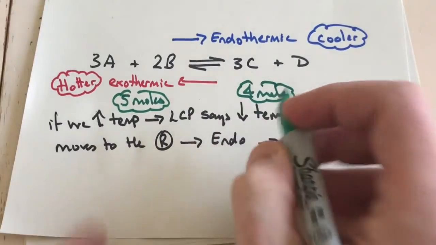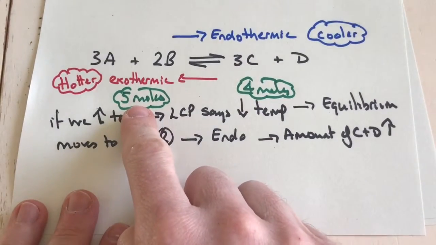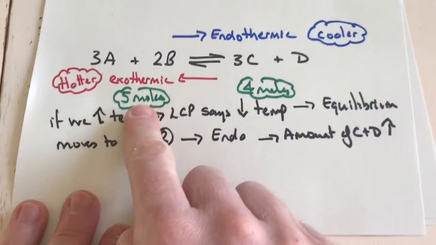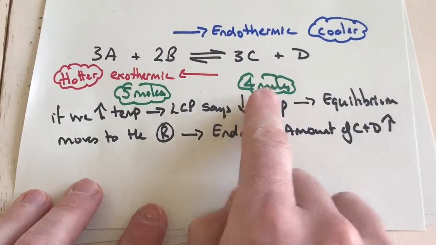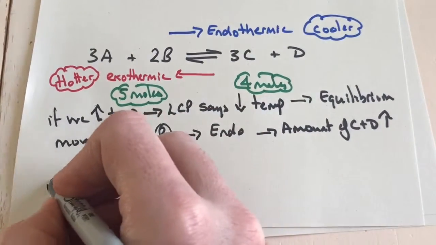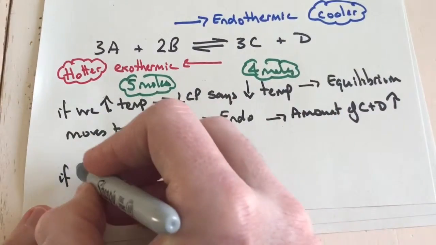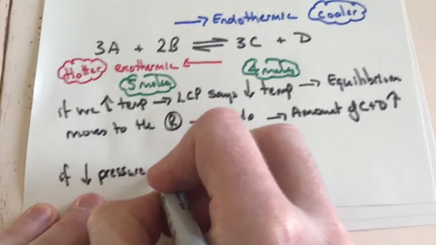So this side has higher pressure because there are more moles, and this side's pressure is slightly lower because there are fewer moles. Let's say that we decrease the pressure.